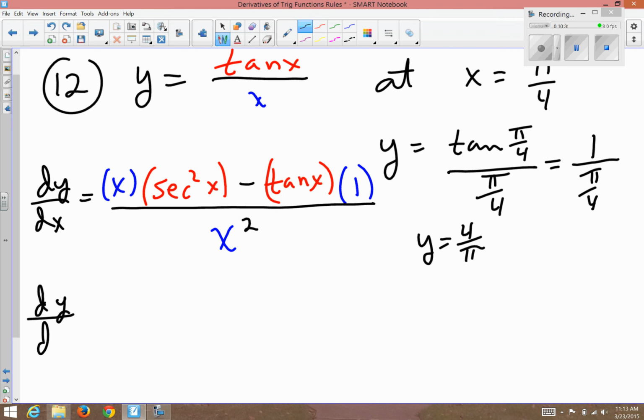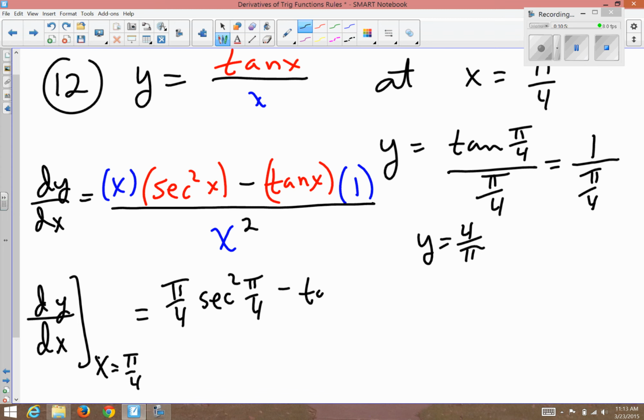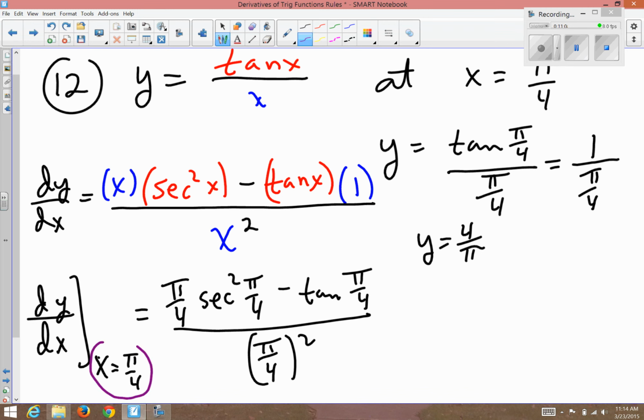If we find the derivative of y with respect to x when x is pi over 4, like it says in the directions in the question, that would be pi over 4 times secant squared pi over 4 minus the tangent of pi over 4 all over pi over 4 squared. I just took this derivative, which we got using the quotient rule, and replaced every x with pi over 4. So pi over 4 goes there, there, there, and there.